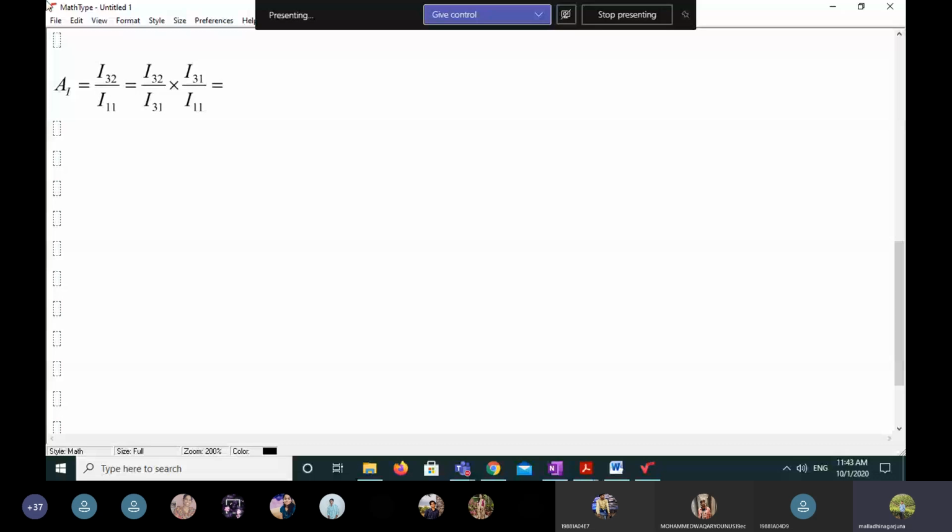This is common up to this point with the parameters of voltage gain. In the voltage gain, what we wrote was I32 by I1, and instead of I32 we directly wrote I22. Why? Because the output voltage of the first stage is equal to the input voltage of the next stage, so we wrote V31 equal to V22.